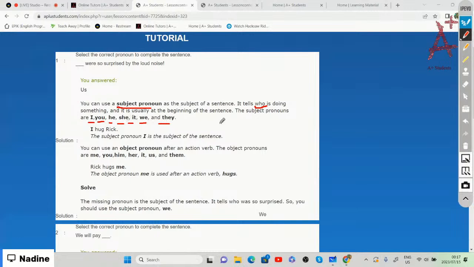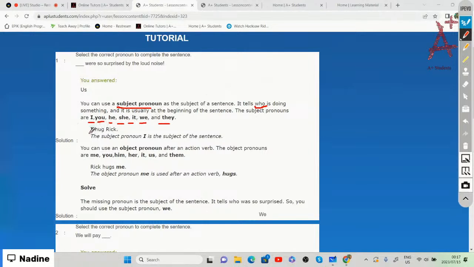An example of it is: I hug Rick. So the subject pronoun that tells us who is doing something is I.